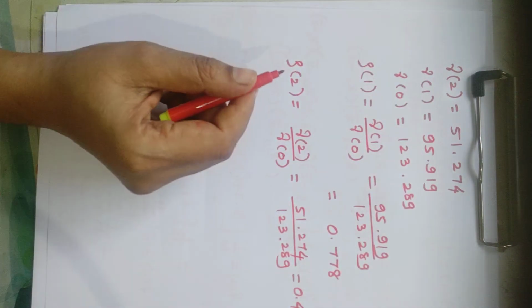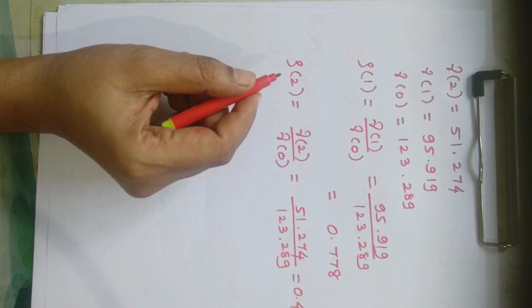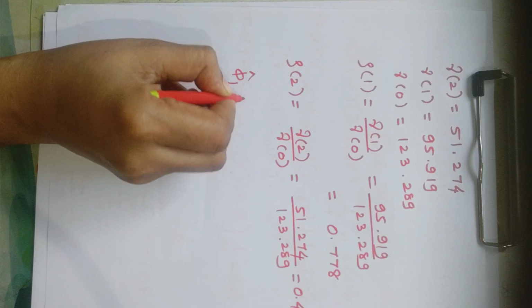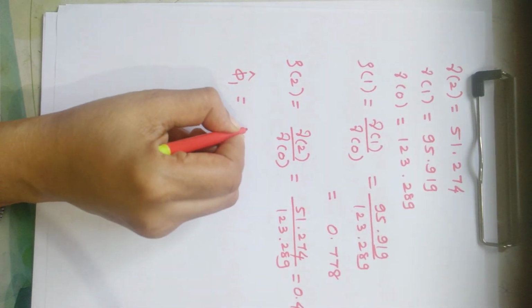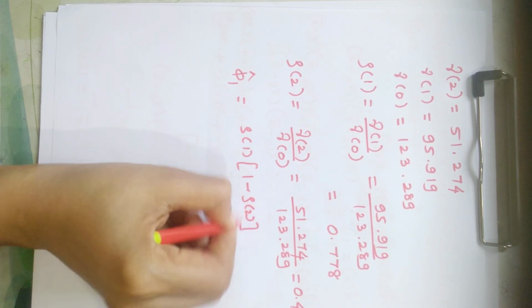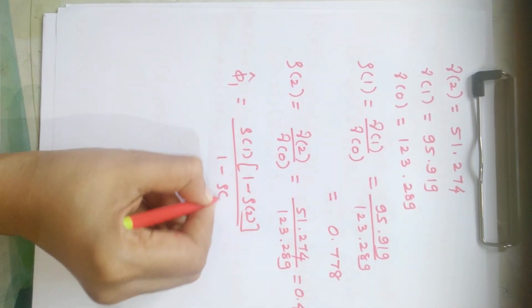So using these values of rho of 1 and rho of 2, we can find out phi 1 and phi 2. Phi 1 is rho of 1 into 1 minus rho of 2 upon 1 minus rho of 1 square.